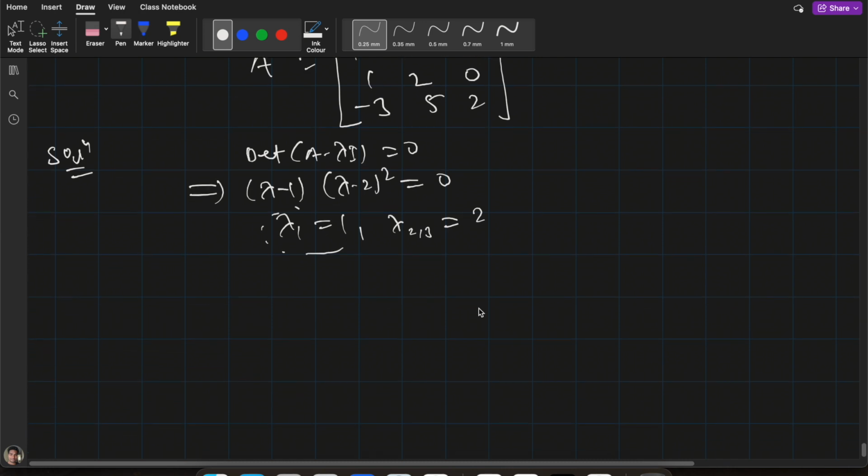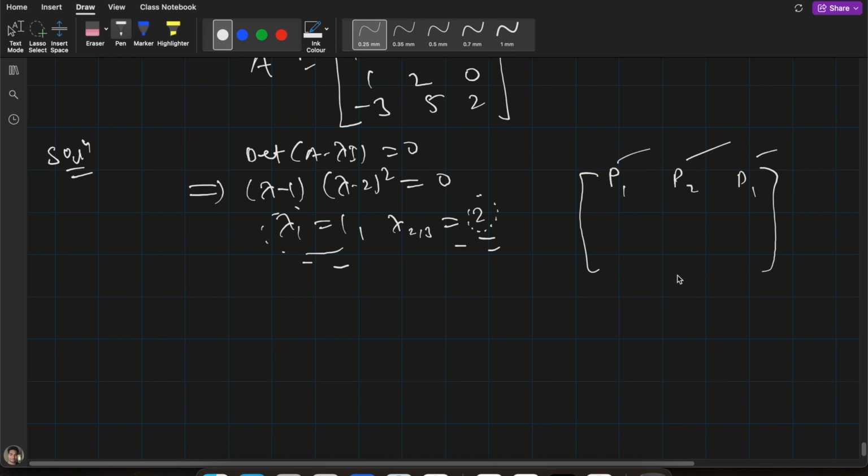So what I'm trying to say is, if someone gets a repeated eigenvalue, it does not mean that you will get only one eigenvector. For this you will get one eigenvector, for another you will get another eigenvector, and there is a hidden eigenvector for the corresponding lambda 3, so you will get P1, P2, and again P1.